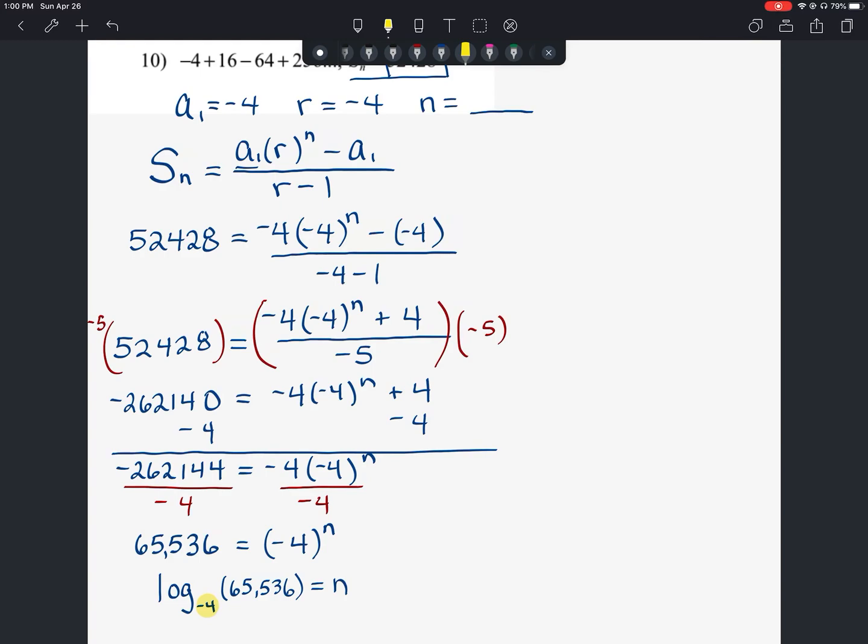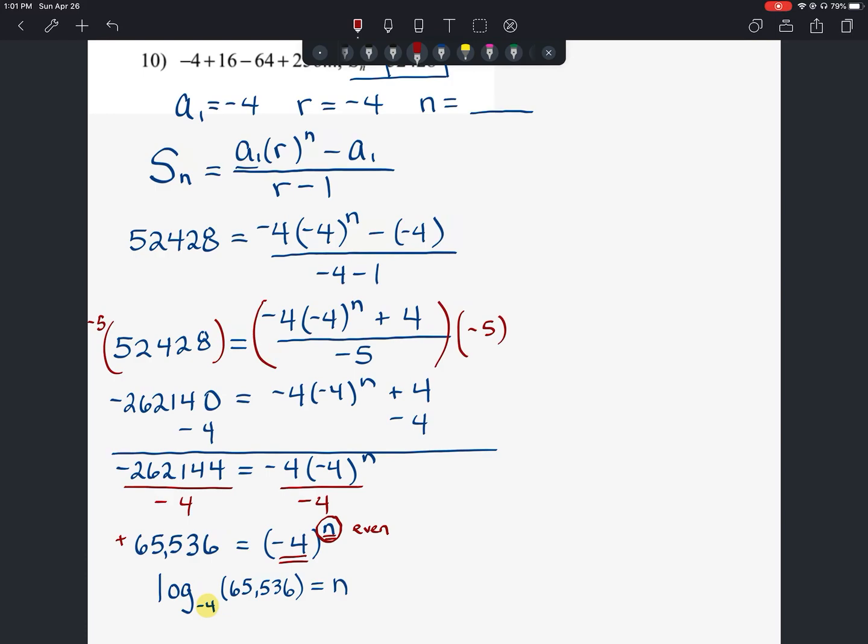So something that we need to think about just as math students: if I have a negative base and I'm raising it to an exponent and my answer is a positive, then what do I know about n? n is going to have to be an even number, because when we do a negative times a negative, we should end up with a positive in the end.